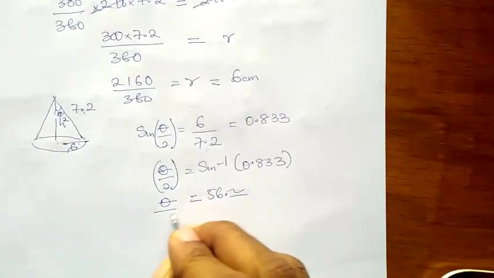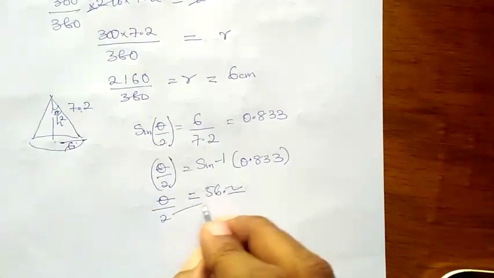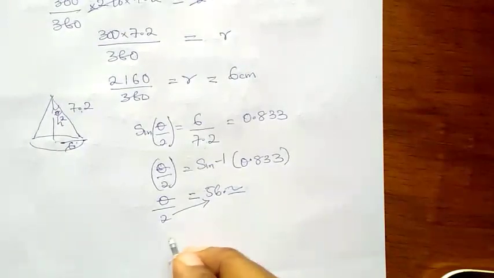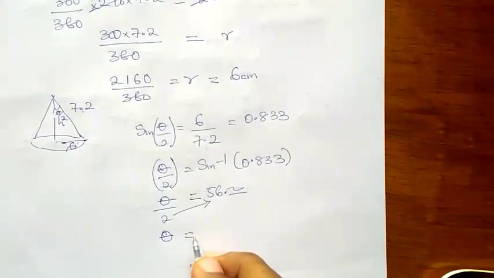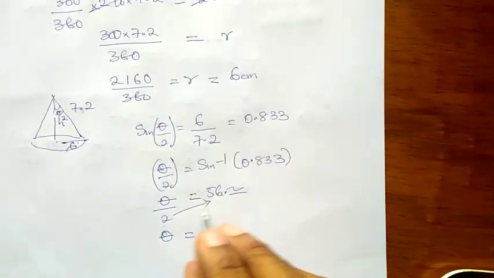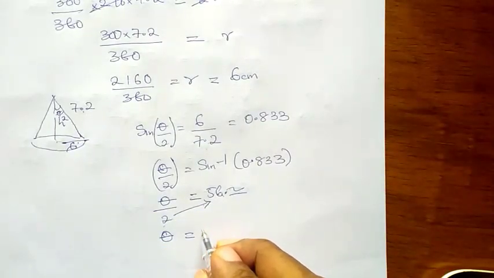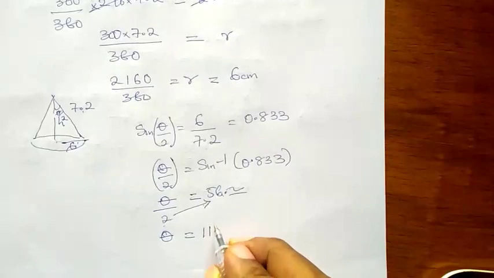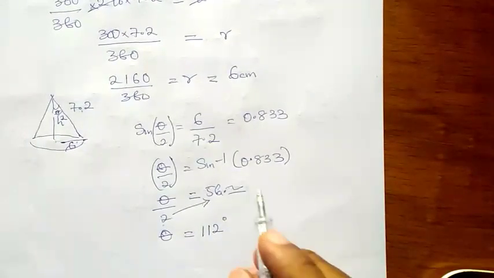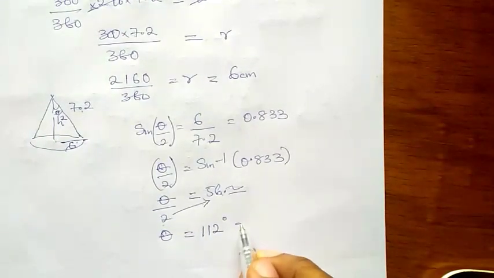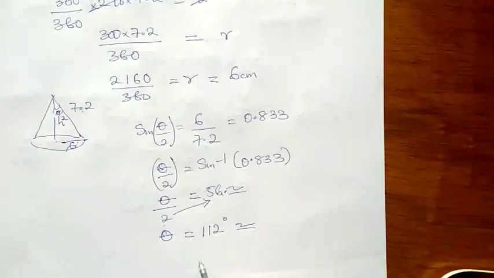Now, for us to find the vertical angle theta, it will be equal to 2 times 56, and 2 times 56 will give us 112 degrees as our answer, approximately.